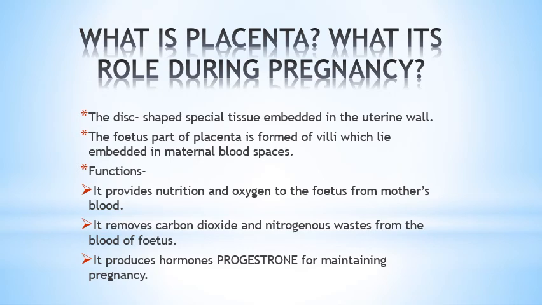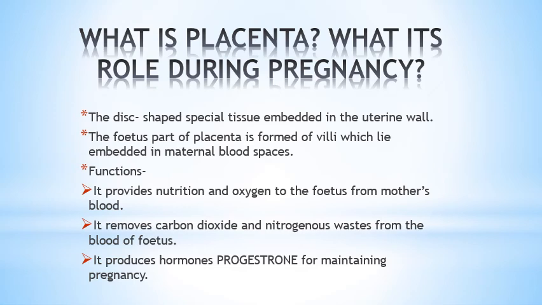So with this we finish our human reproduction, in which we discussed the male reproductive system. Then we discussed each and every function of the parts of the male reproductive system. What is the structure of the sperm? What is the function of the sperm?